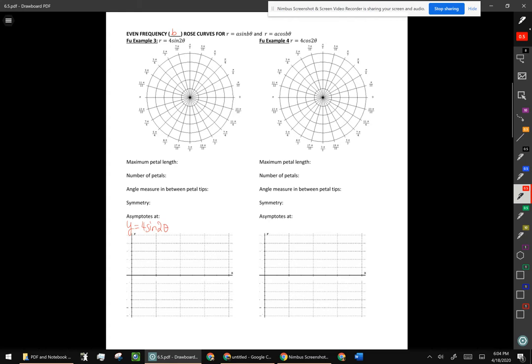So I'm going to graph 2 full sine functions, 4 sections each. Starts at 0, goes to its max, 1, 2, 3, 4, back to 0, to its min, back to 0, to its max, back to 0, min, back to 0.